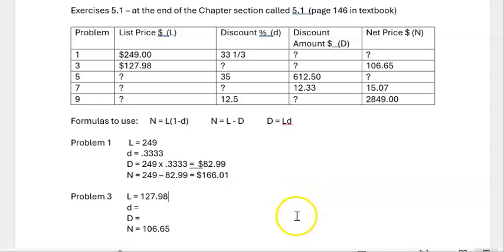Okay, so now let's look at the next one. For problem 3, we've got the list price of $127.98. We don't know what the discount percentage is. We don't know what the discount amount is, but we know what the net price is. So let's take the L and the N and look up here in our formulas and figure out which one we have. The formula that'll help us right now is net price equals list price minus discount.